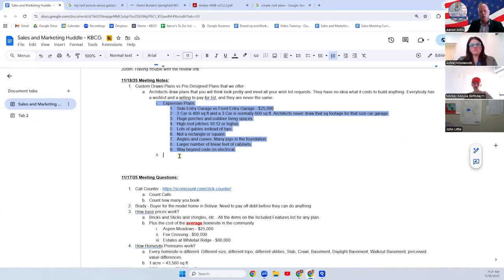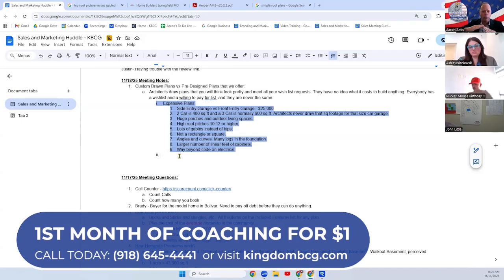Your straight rectangle is a simple roof. Your straight square is a simple roof. Now, the more complicated a roof is, usually the prettier the home looks from the outside, right? So that's why you get into steep roof pitches as opposed to flat roof pitches, and it looks prettier, but it's more expensive.